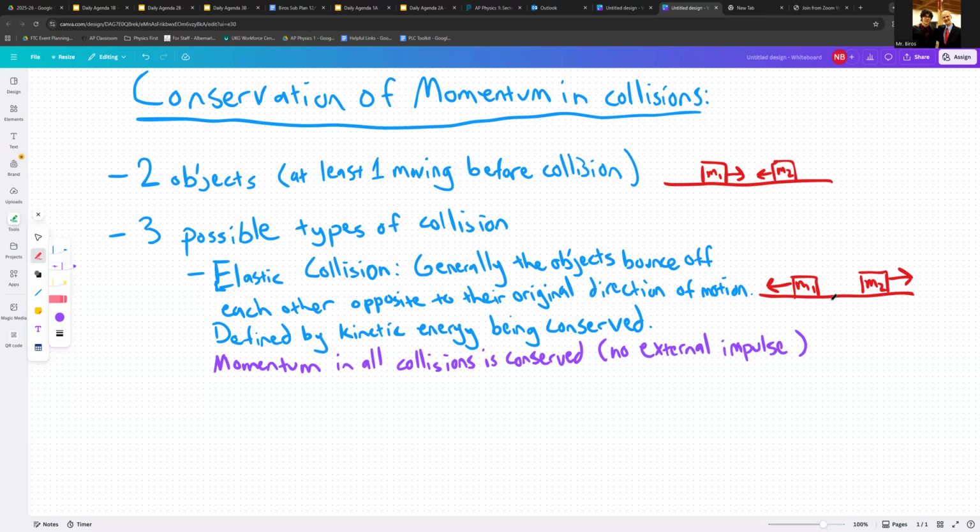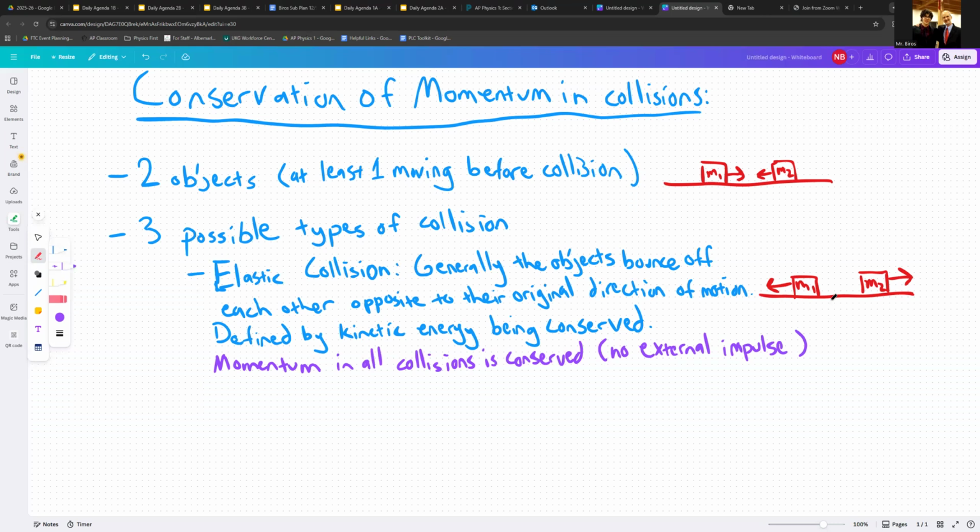Sure, they collide and put a force on each other. During the collision, M1 pushes on M2. By Newton's third law of motion, we could say M2 pushes right back on M1 with an equal amount of force in the opposite direction. But all of that is internal. The blocks pushing on each other are forces and impulses from inside the system.